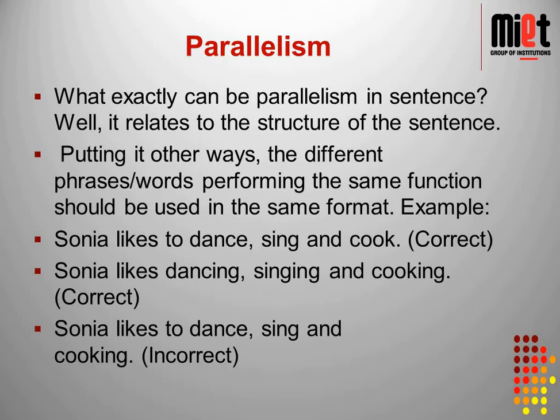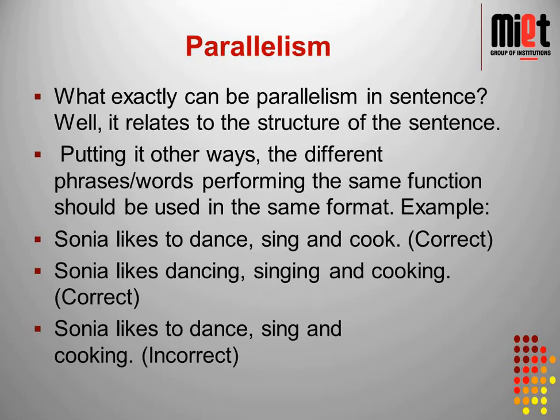Next comes parallelism. What exactly is parallelism in a sentence? Well, it relates to the structure of the sentence. Putting it in other words, the different phrases or words performing the same function should be used in the same format. For example, Sonia likes to dance, sing and cook. It is correct.